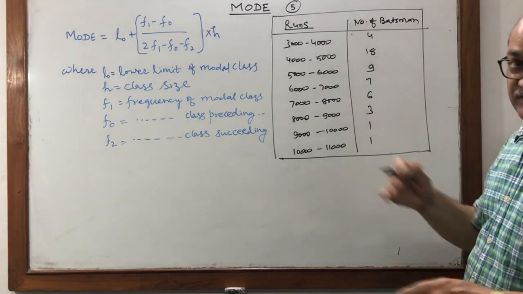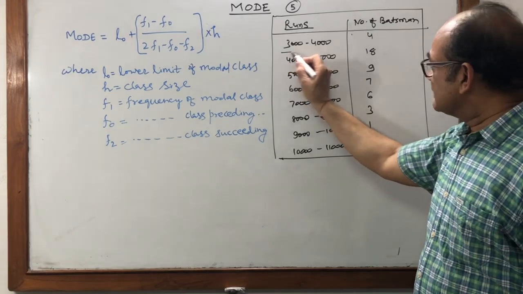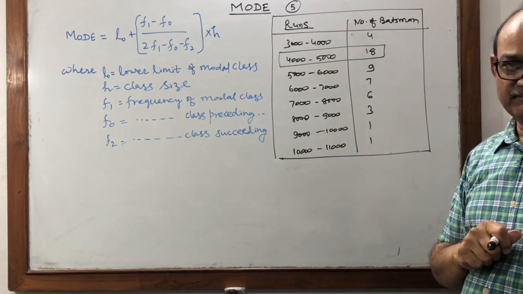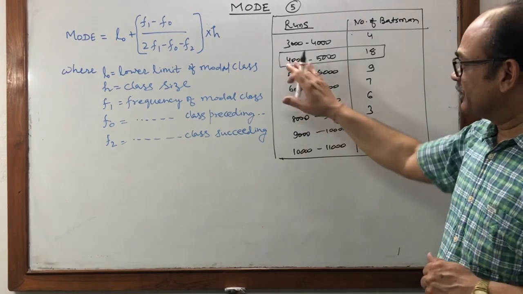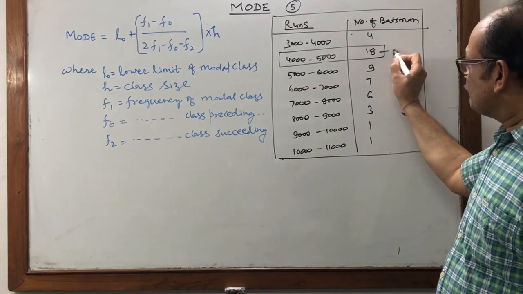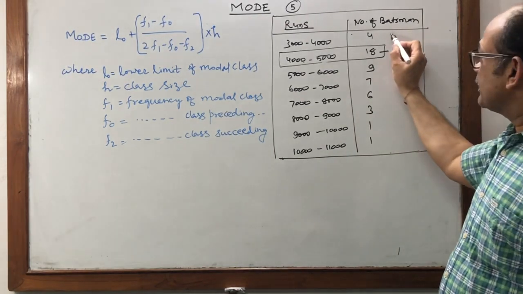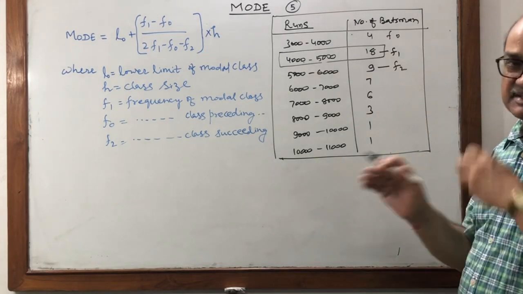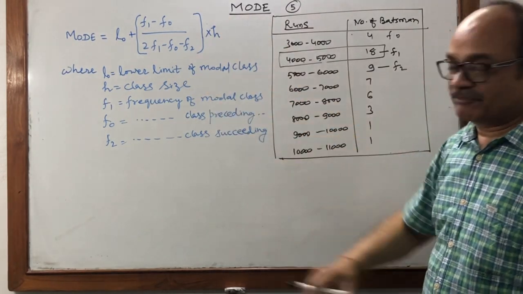So everywhere cricket. Highest frequency class is 4,000 to 5,000. Maximum batsmen scoring in this range. This is called modal class. What is F1? 18. What is F0? 4. And what is F2? 9. Simply substitute the values in the given formula.